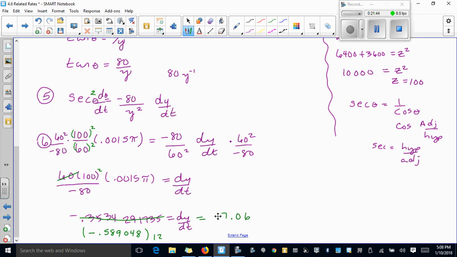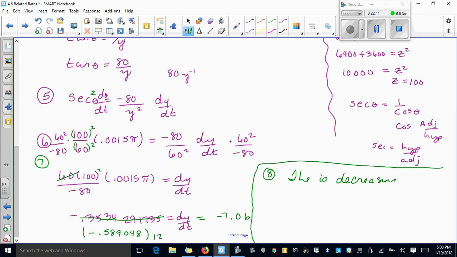So the shadow is decreasing at a rate of negative 7.1, they said to the nearest tenth of an inch, inches per minute at the time of the question, at that moment.